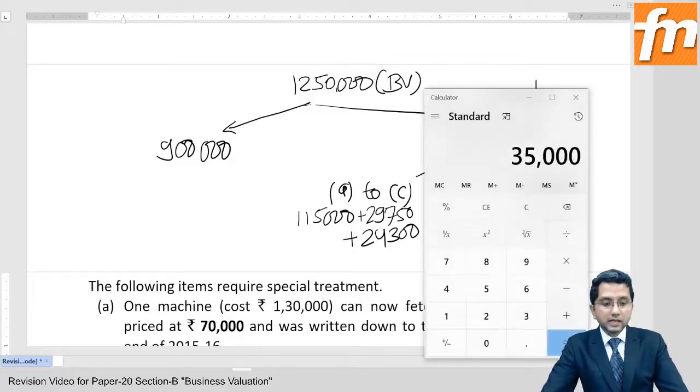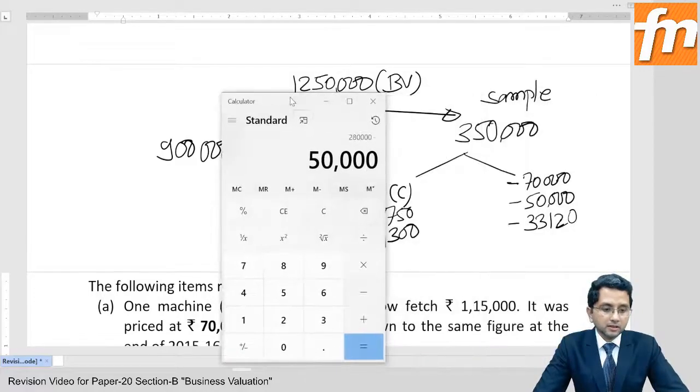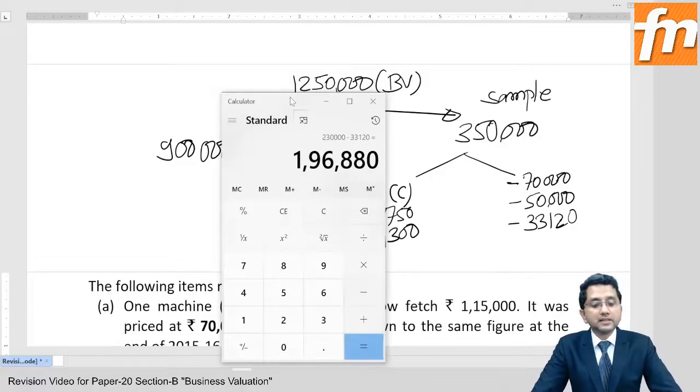So 3,50,000 minus 70,000 minus 50,000 and minus 33,120. So now the remaining items have a book value of 196,880.